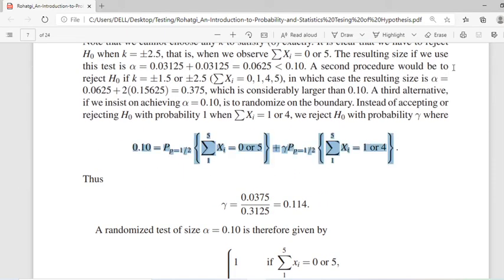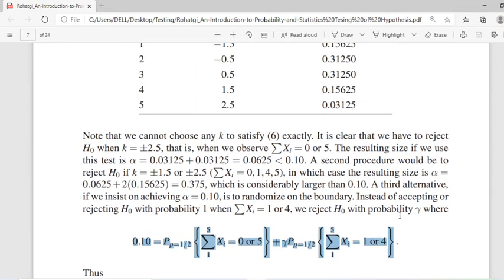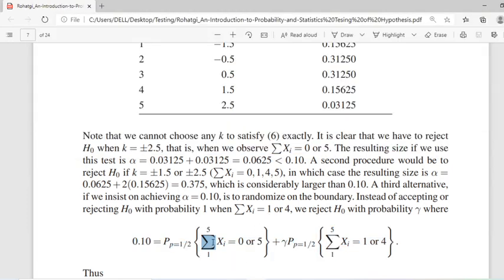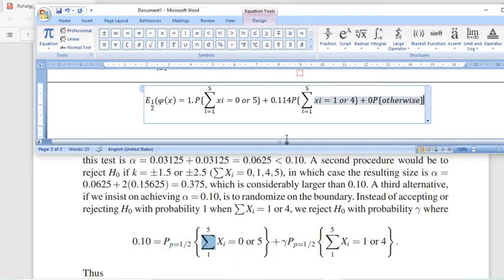Look at this expression, and look at this expression. What is the similarity? You can see some similarity in these two expressions.